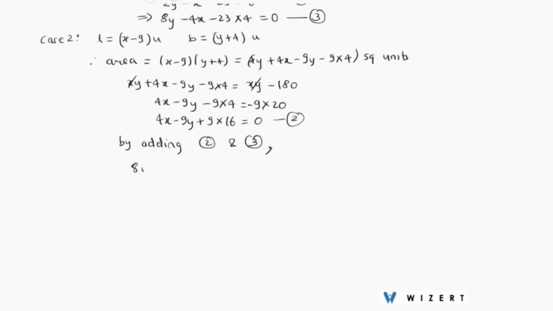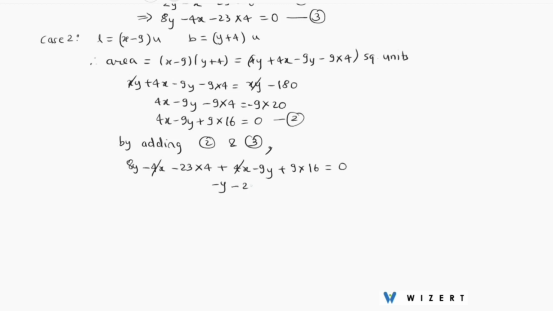What we get: 8y minus 4x minus 23 multiplied by 4 plus 4x minus 9y plus 9 multiplied by 16 equal to 0 plus 0, which is 0. So 4x gets cancelled out. 8y minus 9y is minus y, and 9 into 16 can be written as 36 into 4.